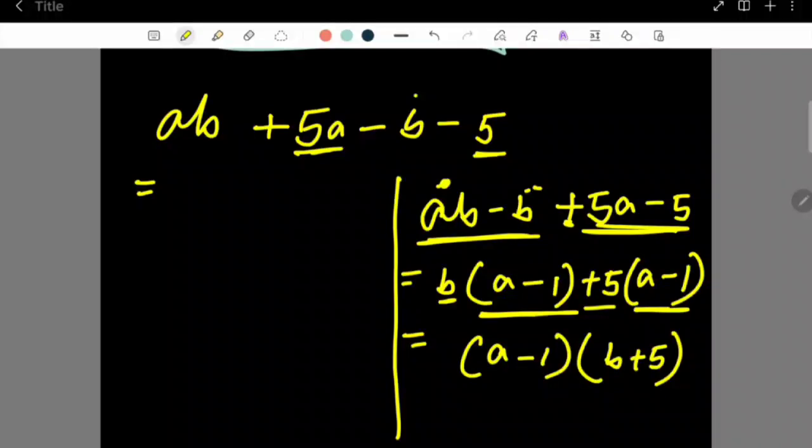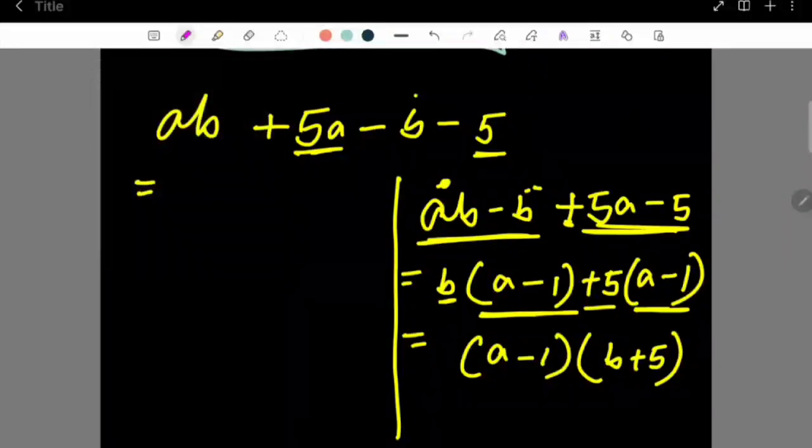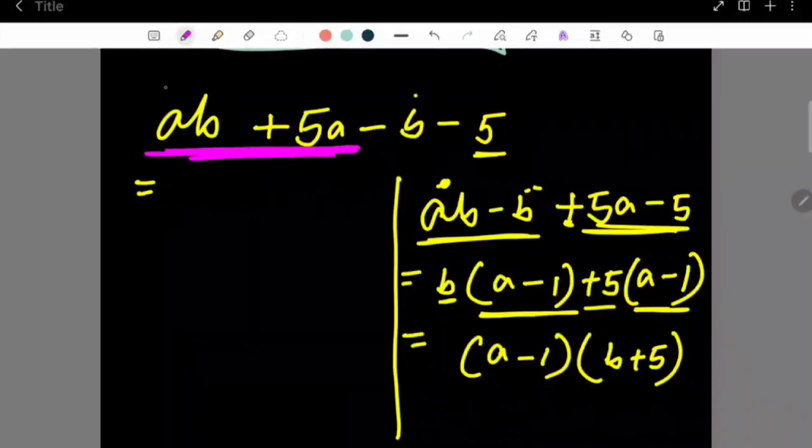Now, if we don't arrange the terms like that, and directly go for taking common this way, if we directly take common from here, a and a are coming common. So if we take a common, the remaining thing will be b and 5.